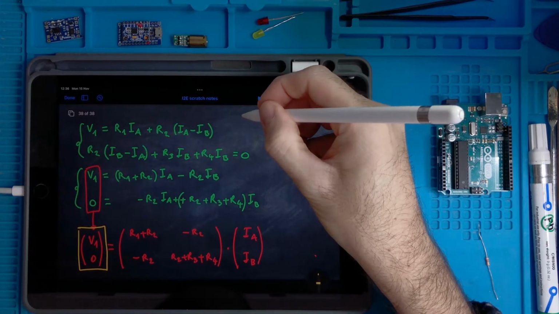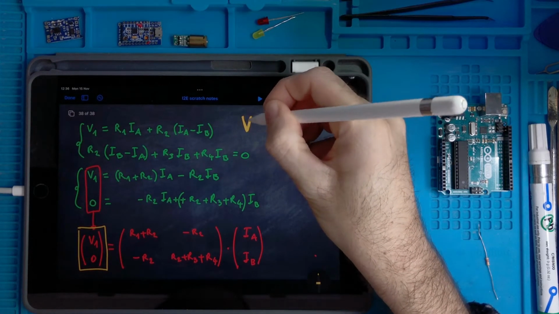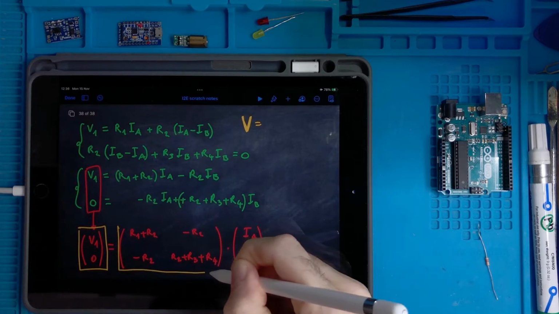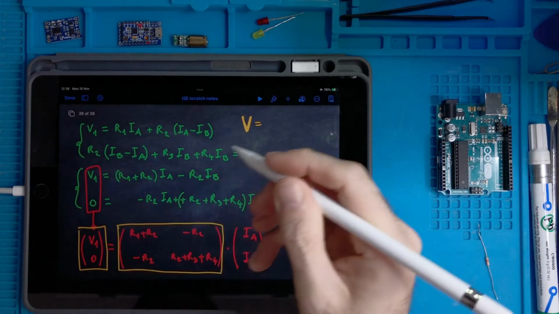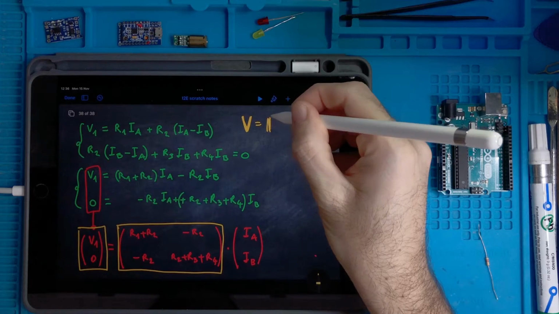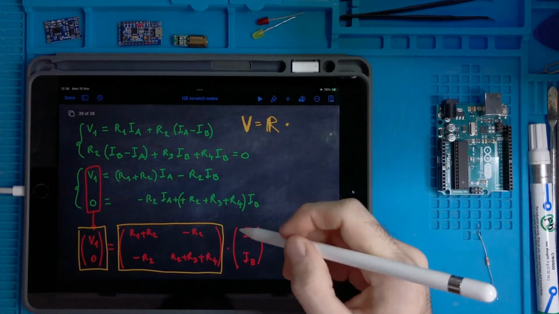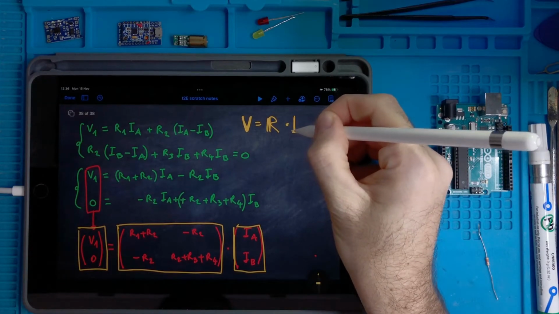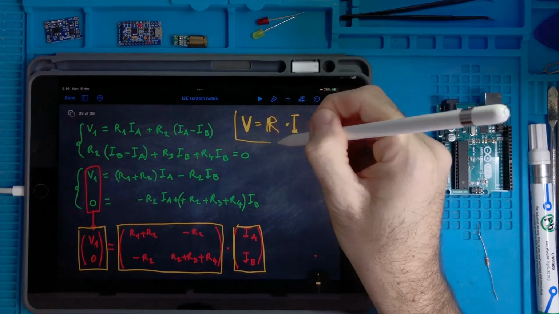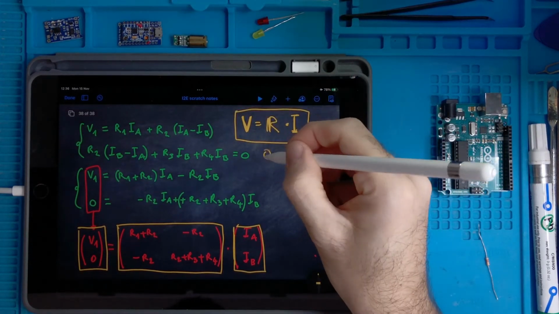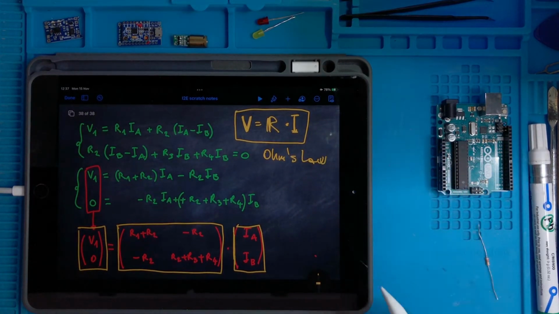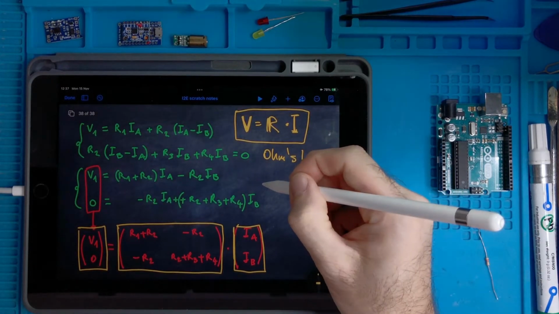I write it here in bold: V equals a matrix R multiplied by a vector I. So it's again Ohm's law, but in a matrix form.